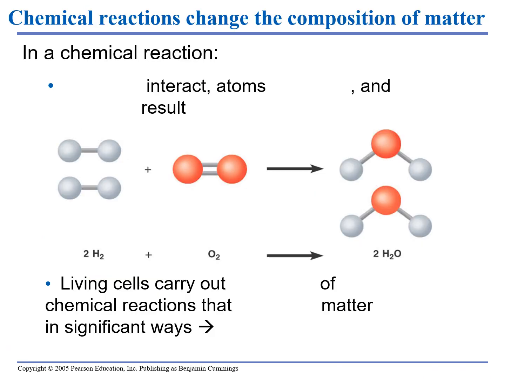Chemical reaction: reactants interact, atoms rearrange, and products result. So this is a summary of the whole lesson. In the diagram here, you see these 4 hydrogen atoms, and they make up 2H2.